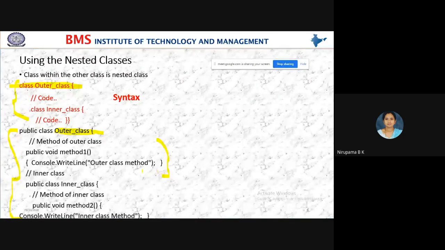I am just displaying statements using inner class and outer class. So in the outer class, the method is method 1. This method 1 belongs to outer class, and the statements I have given in method 1 are the outer class method. A simple display statement I am giving here.